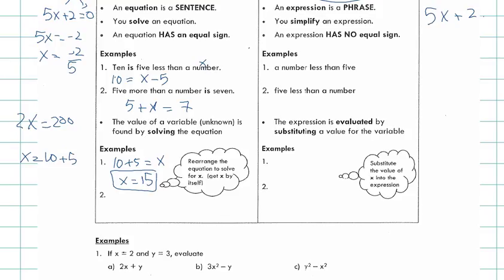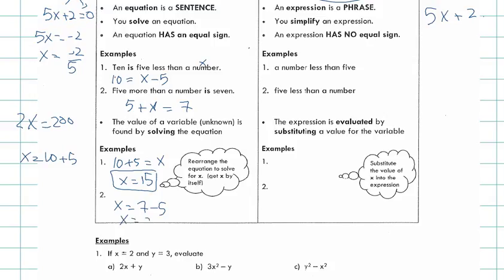Okay, can you solve the second one for me? The second one is 5 plus x equals 7. x equals 7 minus 5, so bringing the 5 over, it becomes x equals 7 minus 5, which is 2.